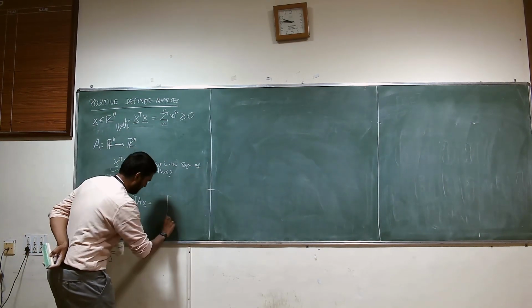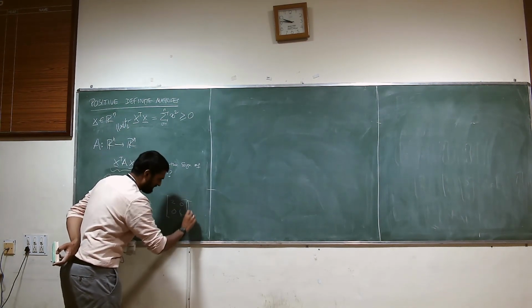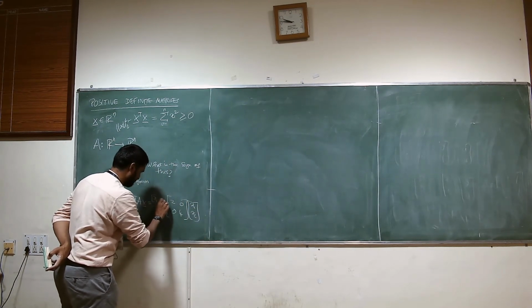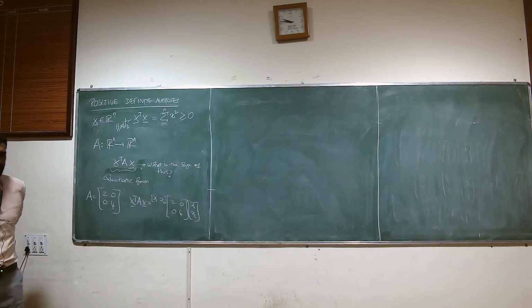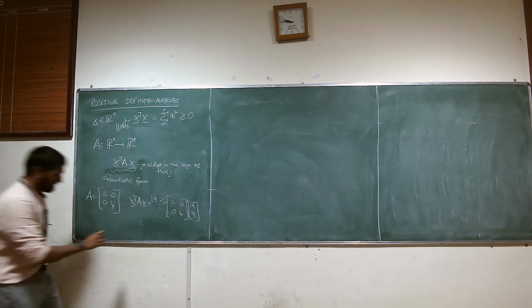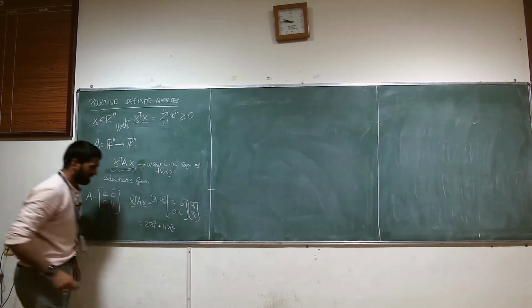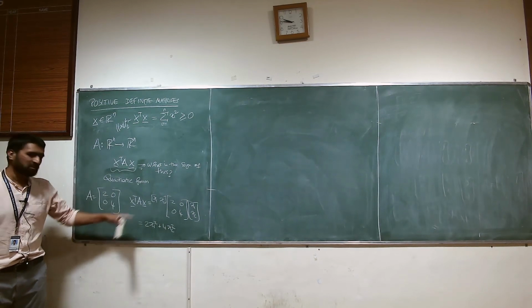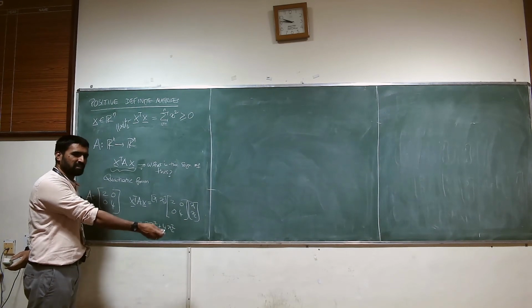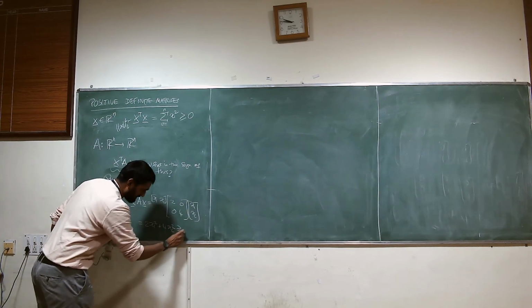So you have 2, 0, 0, 4 multiplied by x1, x2. What do I get when I multiply this out? Can I say something about the scalar now? Whether it will always be positive, or you cannot say if it will be positive or negative. This will always be greater than or equal to 0.